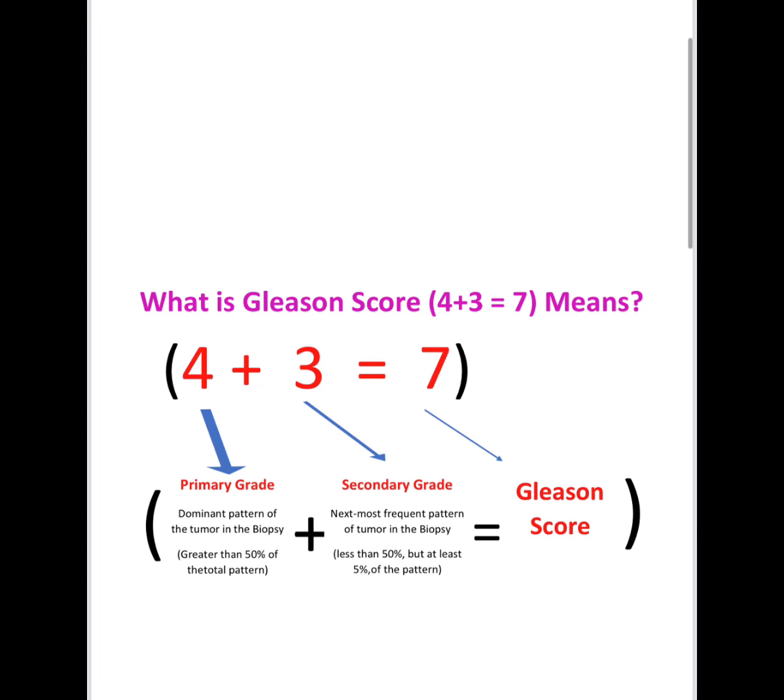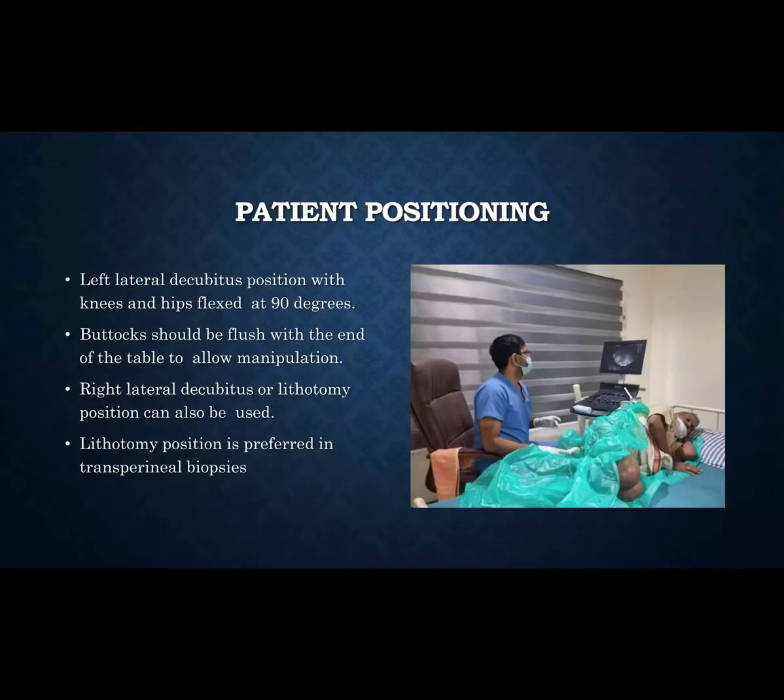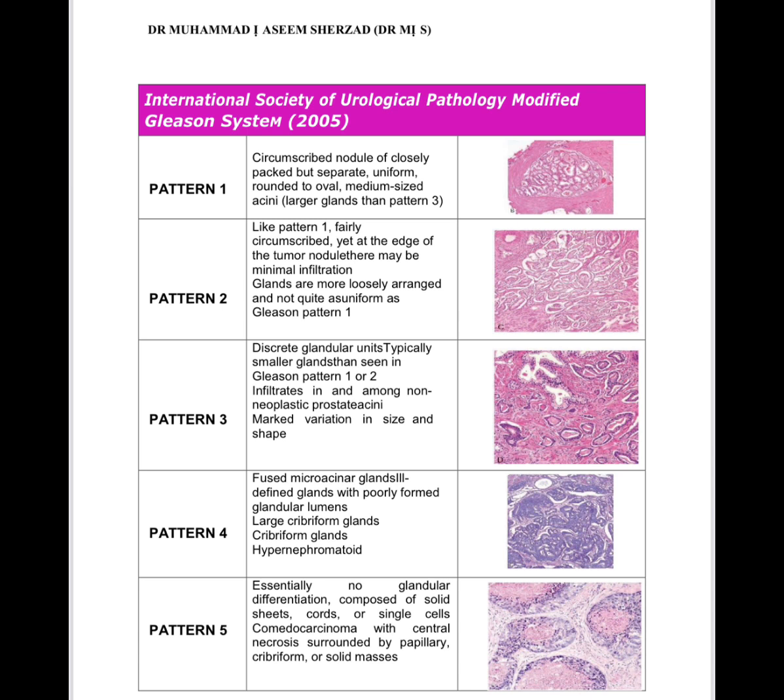So it's also important. And what is the Gleason score? The Gleason score is a grading system to grade the glandular architecture in the prostatic gland as seen under low power microscopy. And how much power is used for the Gleason score? That is low power, 10 power.